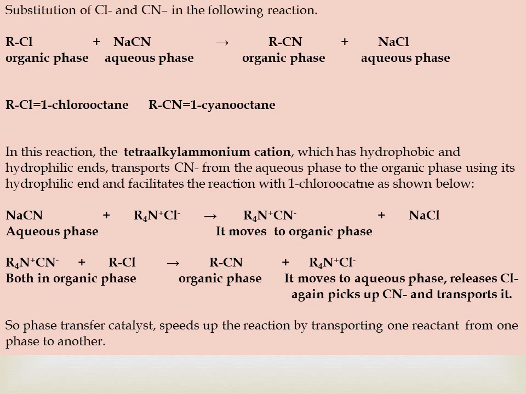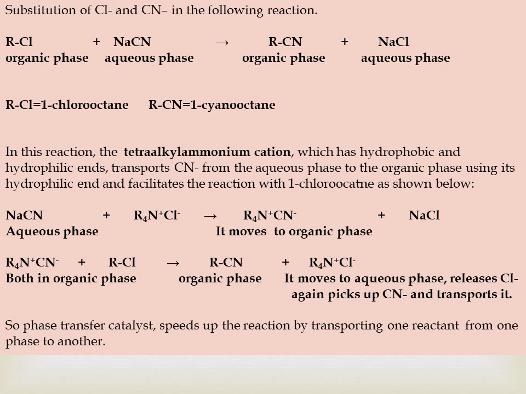Now R4N+ Cl-, again tetraalkyl ammonium chloride, can be miscible with both the phases. So it moves again back to the aqueous phase, again carries the cyanide ion from the aqueous phase, then comes to the organic phase and reacts with alkyl chloride in the organic phase. So this reaction is continued by the presence of a very little quantity of the phase transfer catalyst. So the phase transfer catalyst speeds up the reaction by transporting one reactant from one phase to another.